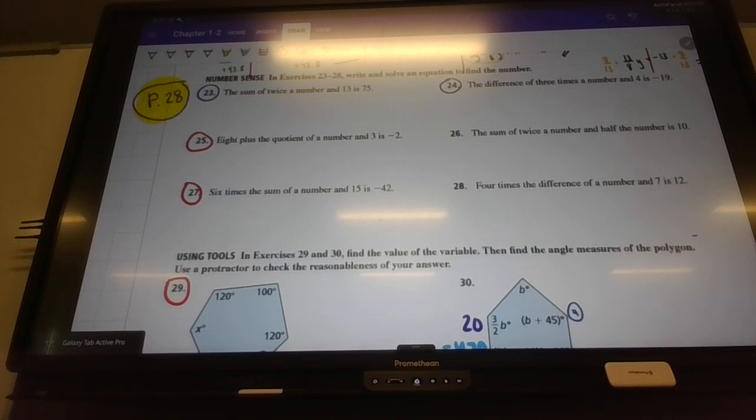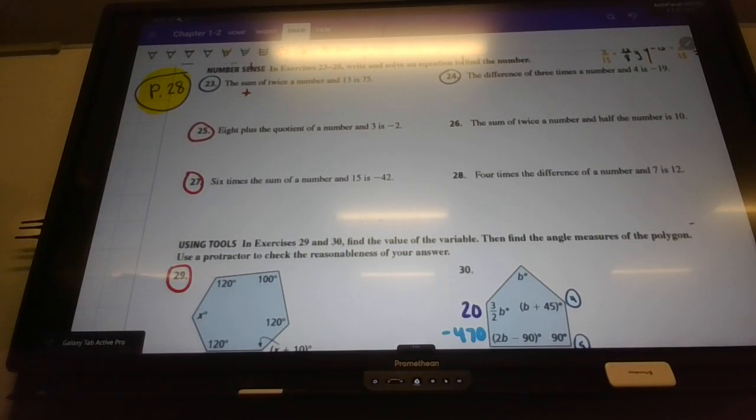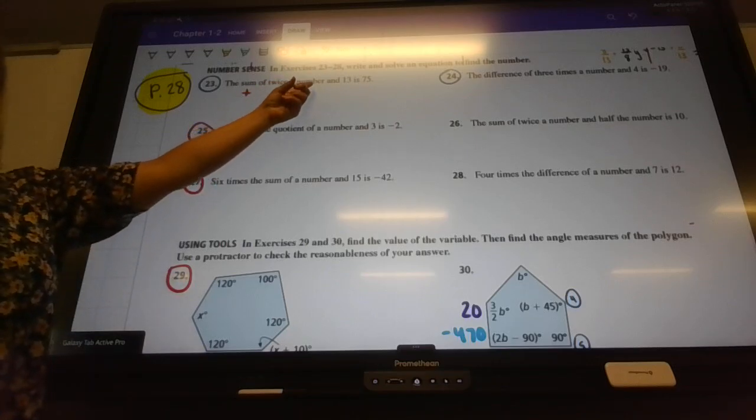All right. The sum, so I know sum means adding. Twice a number. So that's going to be 2 times x, or do you guys want to use n? Do you care? Some people really love n for these. So twice a number, we don't know what the number is.